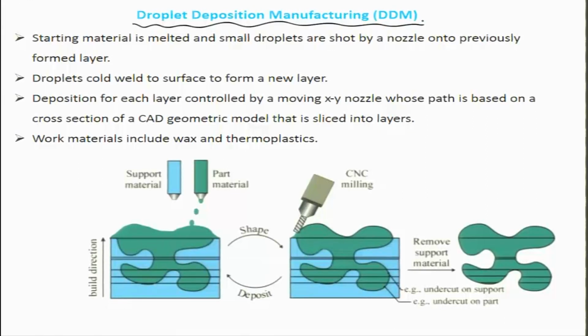which is actually based on again liquid formulation. Here as you see, the starting material is melted, and small droplets are shot by a nozzle onto a previously formed layer. For example, in this particular case, let's say this is a complex shape being built along a direction which is in this direction, the build direction.